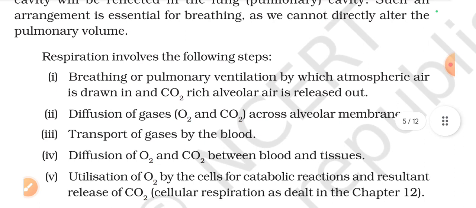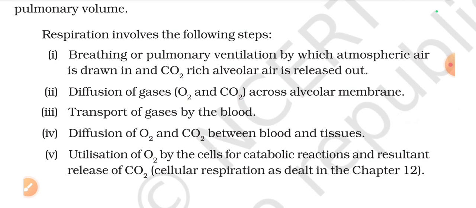Respiration involves the following steps. First is breathing or pulmonary ventilation, by which atmospheric air is drawn in and CO2-rich alveolar air is released out. Second is diffusion of gases, oxygen and carbon dioxide, across the alveolar membrane.